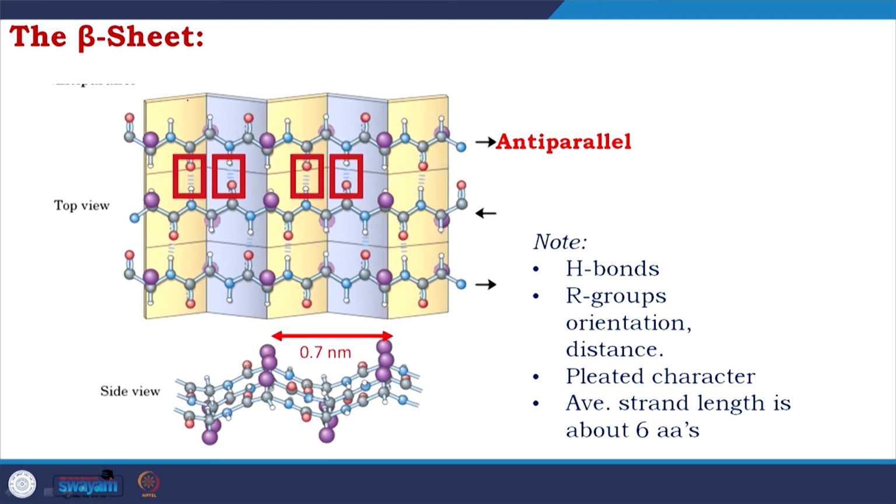When we look here, the distance between 2 nitrogen atoms, from one point to the next, is 0.7 nanometer, which is 7 angstrom.